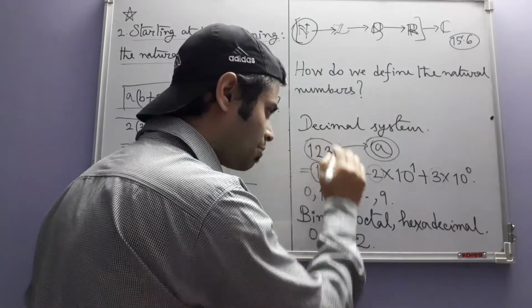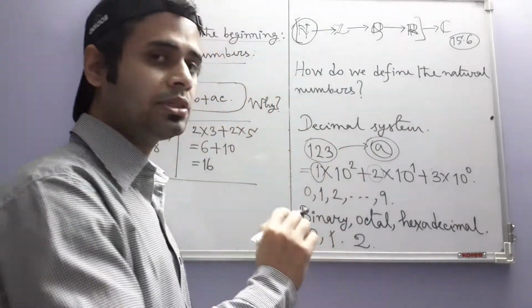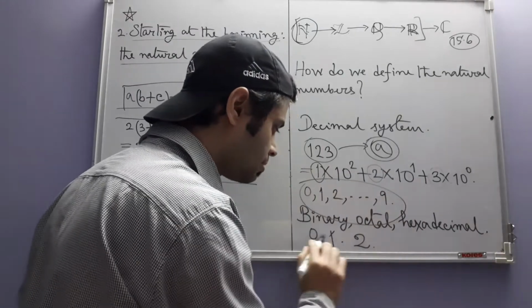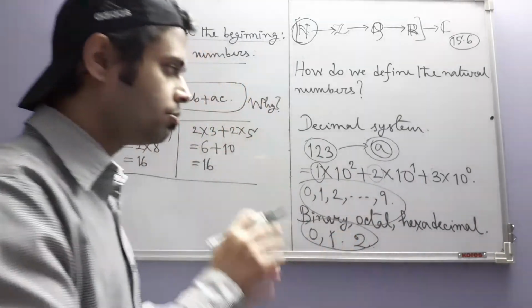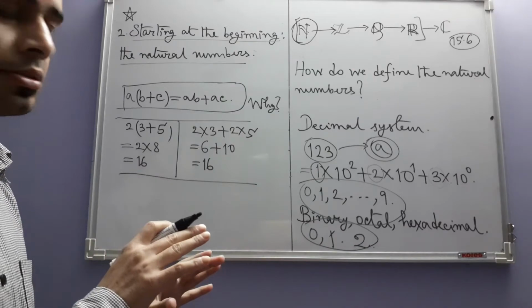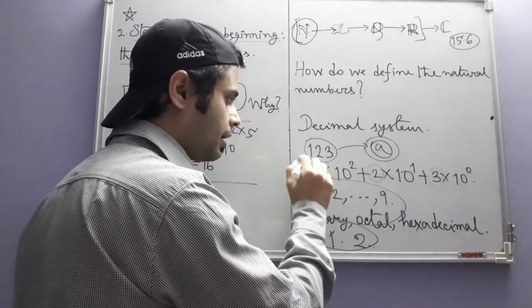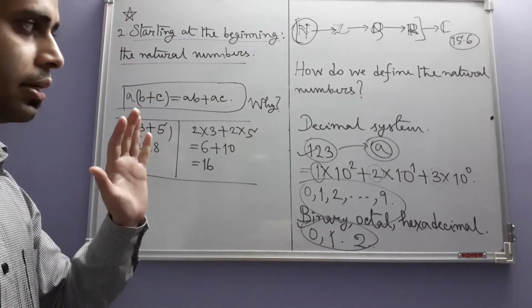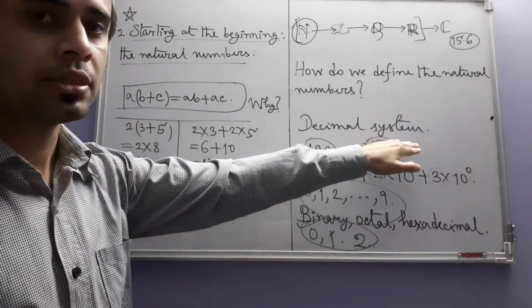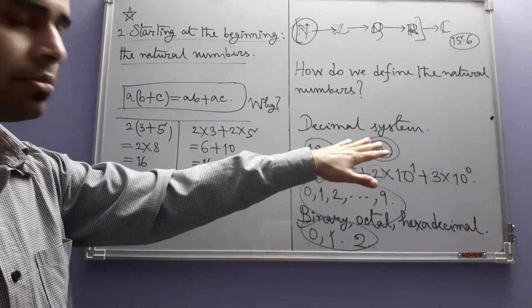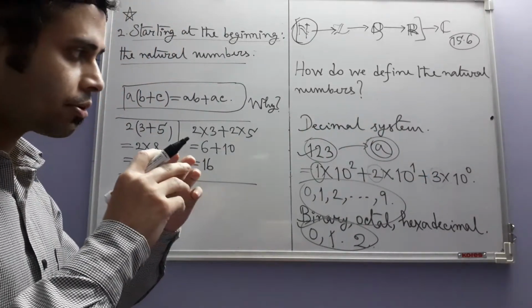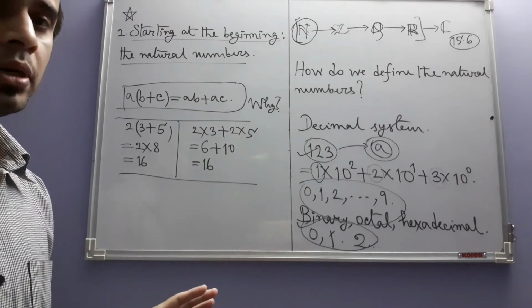So number systems mean representations. These systems which are used to represent or write the numbers, they can change. So naturally, the decimal system, actually I should not say number system, the decimal system is not something fundamental to numbers.